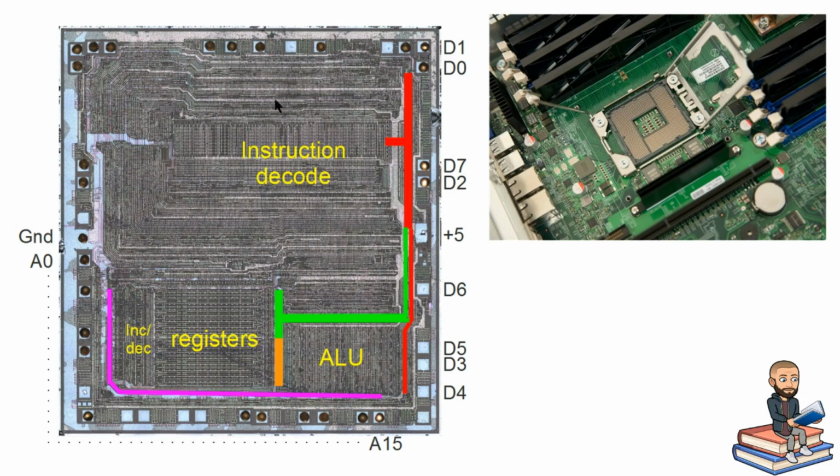But regardless, this chip here has an area that is where data is stored, and this area is called the registers, and even each one has its own fancy name. And then you'll have another part of the chip that is in charge of decoding. I'll have that in a whole separate lesson, and of course the ALU would be another separate lesson, but I just want to give your mind some visuals here so that when I say the word register, you have something in real life to think about.